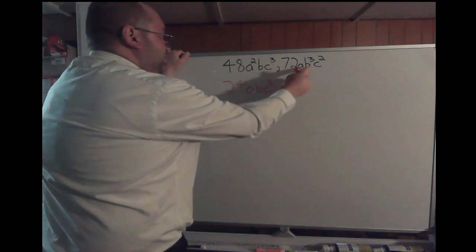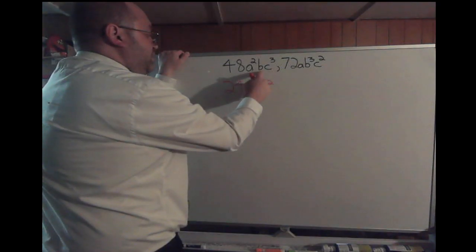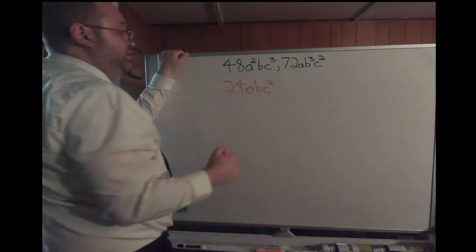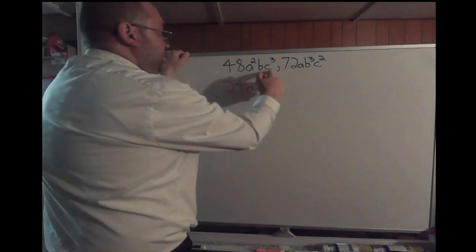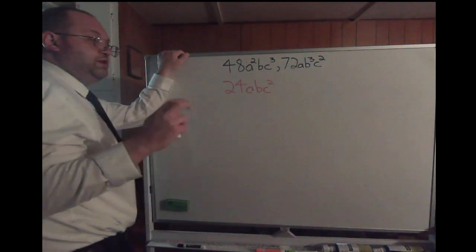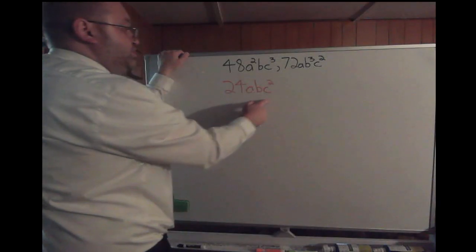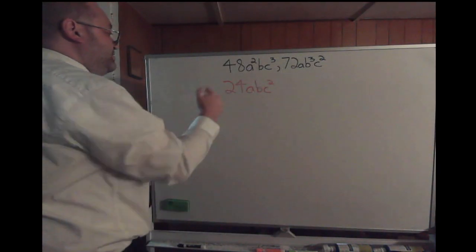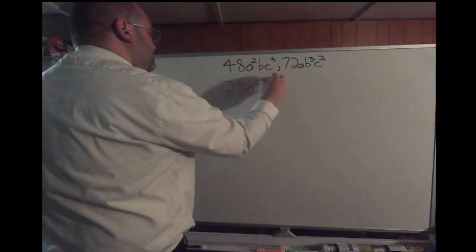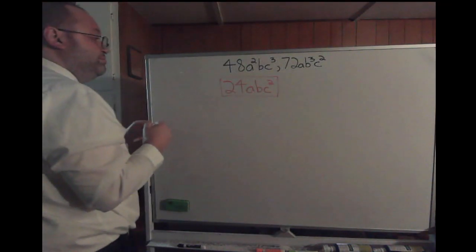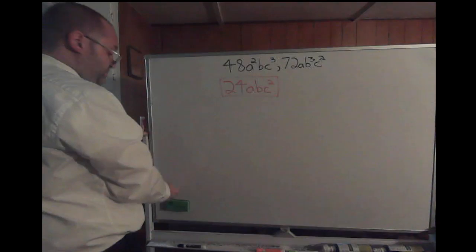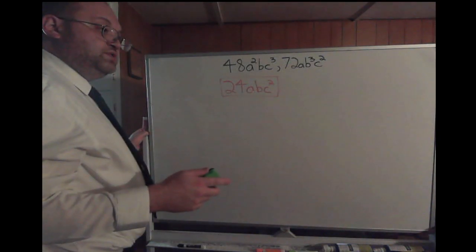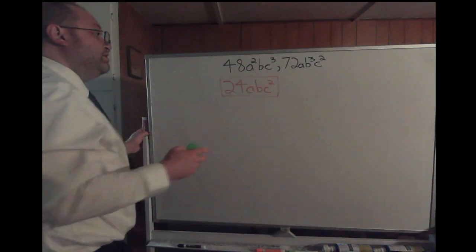Then between b and b cubed, well, b is your lower power, so b is your greatest common factor of those two. And then between c cubed and c squared, c squared is your lower power, so c squared is your greatest common factor of those two. So the answer you should get for the greatest common factor would be 24abc squared. This is leading into factoring of polynomials, so this is why we are doing this today.